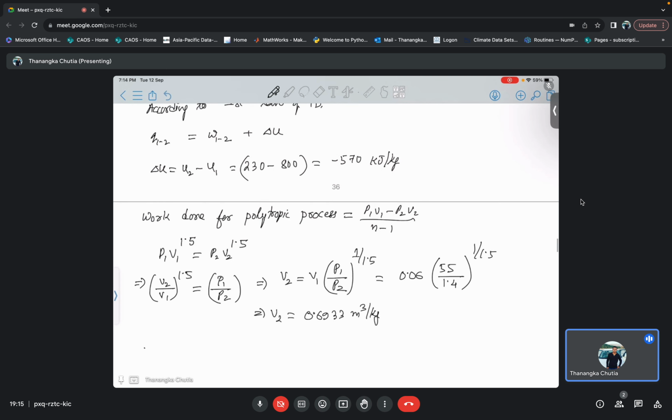Okay, so therefore W1 to 2 will be equal to P1 V1 minus P2 V2 divided by n minus 1.